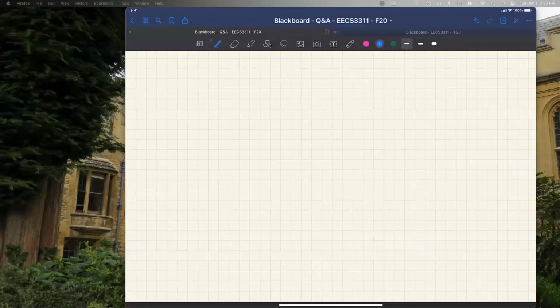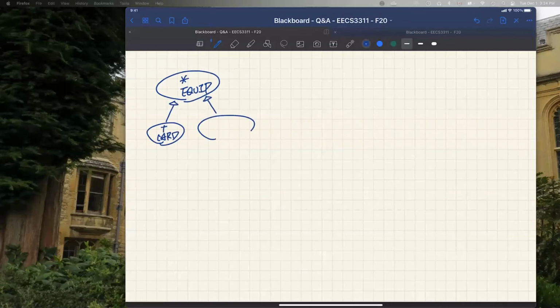So let me still use the equipments example here. So we got our equipments, and then under which we have, let me just say card over here, just one, just for example, and then under which we actually got the composite equipments. Composite equipments, and because of multiple inheritance, we also got the composite over here.